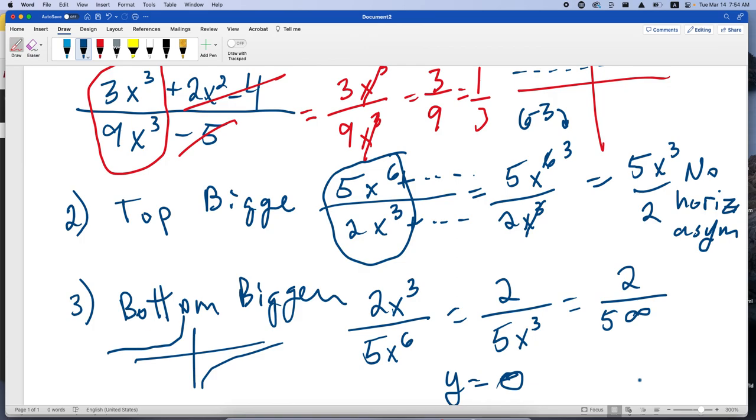If the top's bigger, there is no horizontal asymptote. It goes off to infinity or negative infinity. And if the bottom is bigger, there'll be a horizontal asymptote at y equals 0, the x-axis, right? That's what y equals 0 is, it's the x-axis. And that should give you a good start through most of what you'll be doing.